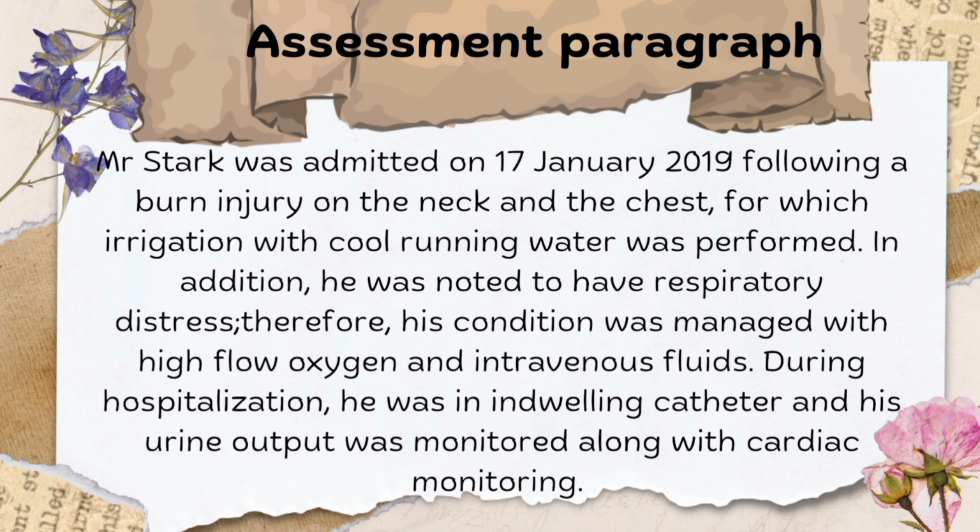Finally, we'll be writing about patient management: what management was provided to the patient from our side and how the patient responded to these treatments. And if you feel your assessment paragraph is exceeding more than 6 lines, please start a new paragraph.